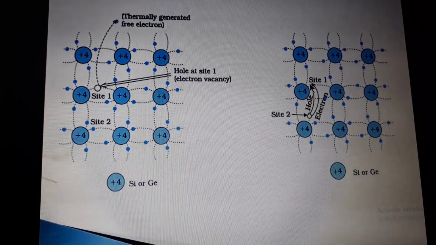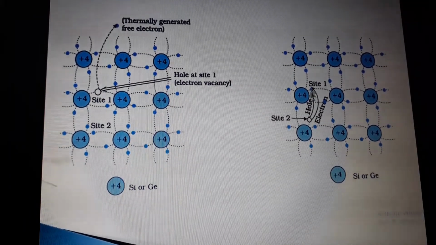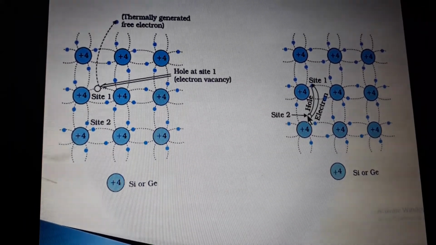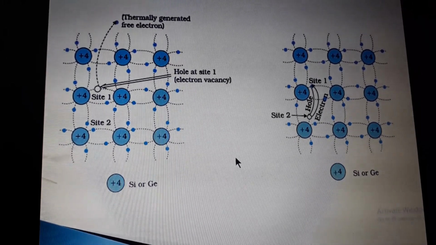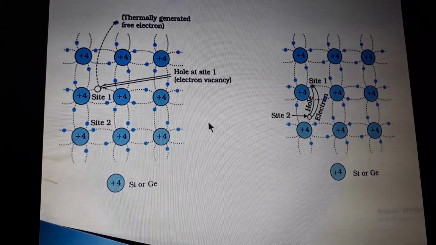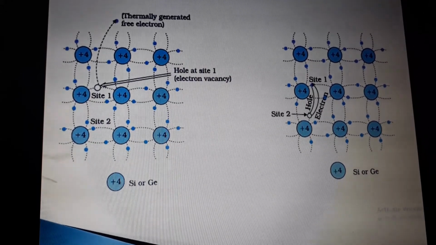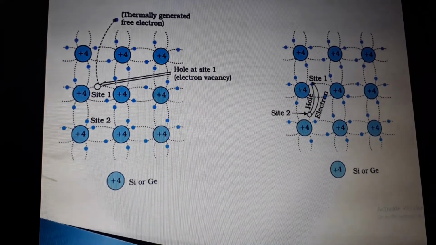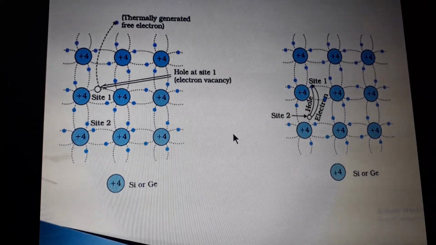The electron moves from this place to that place, but here some vacant space is generated, so again a hole is generated. By this phenomenon an electron-hole pair is generated, and due to the electron-hole pair, current flows, meaning conductivity is generated.